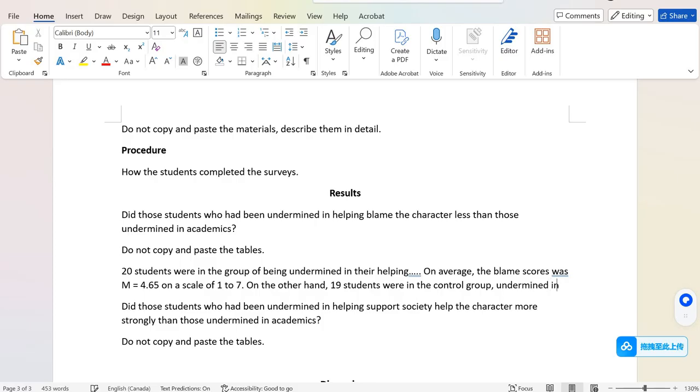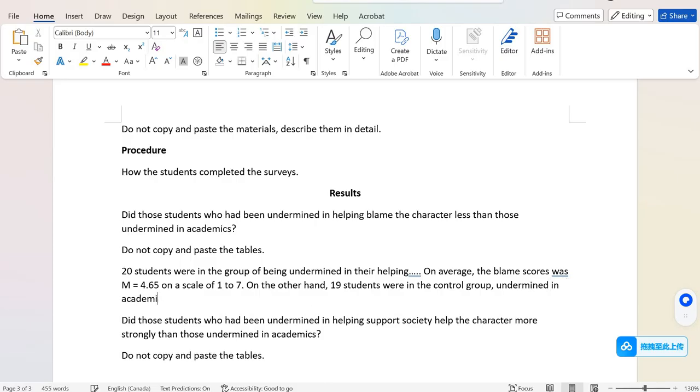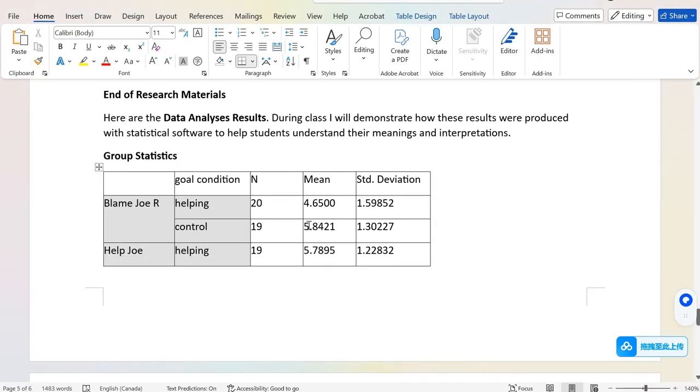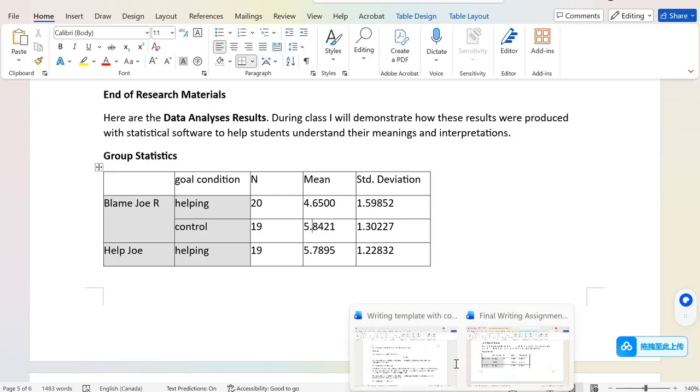Undermined in academic. Their blame was higher or lower? Higher. Yeah, the mean was 5.84.